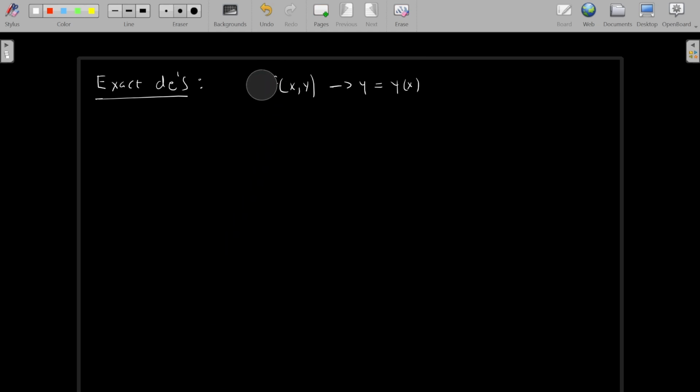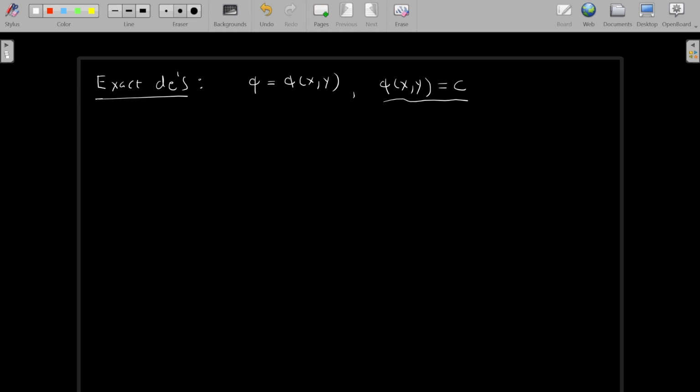Let's say we have a function, call it phi, which depends on both x and y. And x and y are now going to be the new independent variables. Well, nothing would practically change at all. And the solution would be of the form: the newly found function, which depends on both x and y, is equal to c, which is just a curve in x and y.